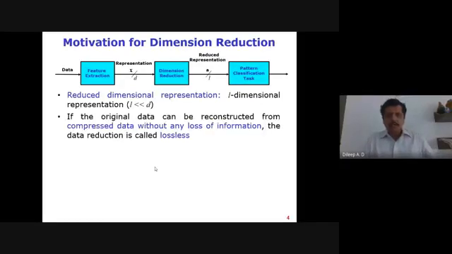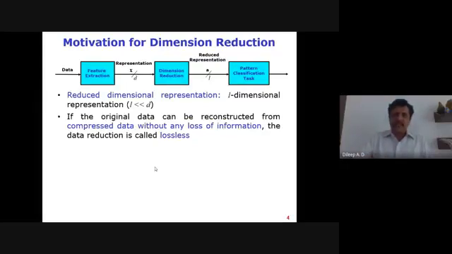Now, when we do this feature transformation from a higher dimension to a lower dimension, the new representation can also be called a compressed representation. Sometimes this compressed representation may contain all the information without any loss. That kind of data reduction we call lossless reduction.